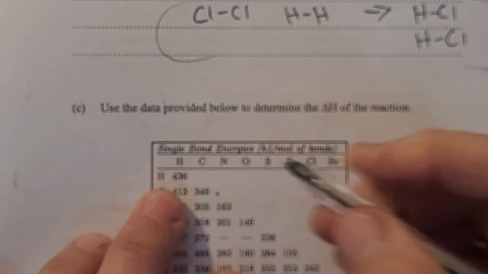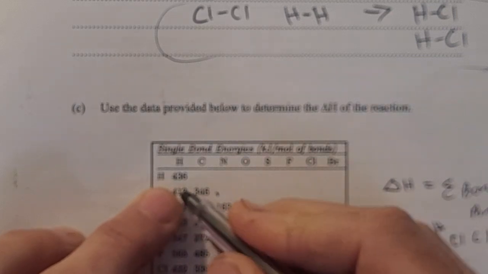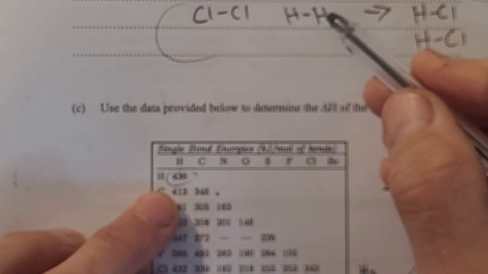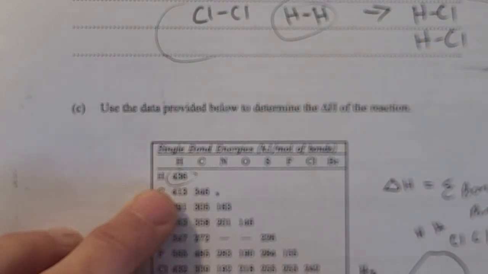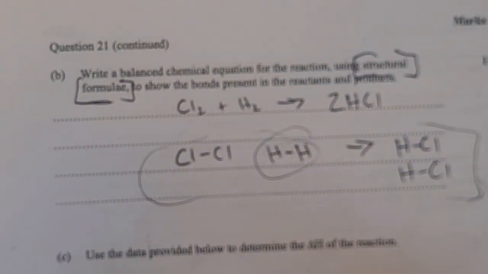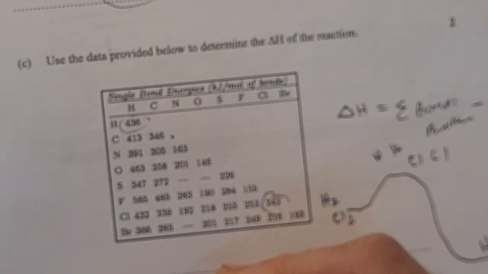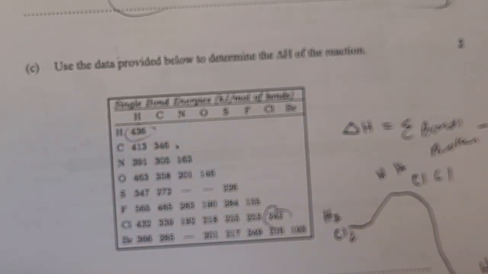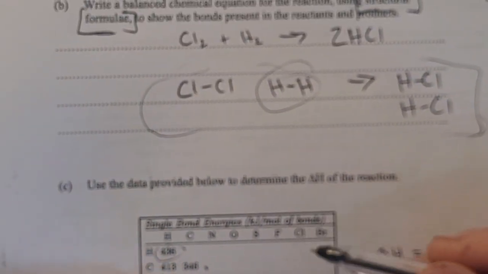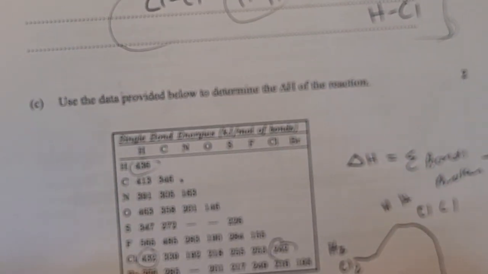So let's have a look at this. There's one of these that we've got to break: 436, and then there's a Cl-Cl bond, 242. That's the energy required to break the bonds, less the energy required to form the bonds. HCl here, so 2 lots of that.